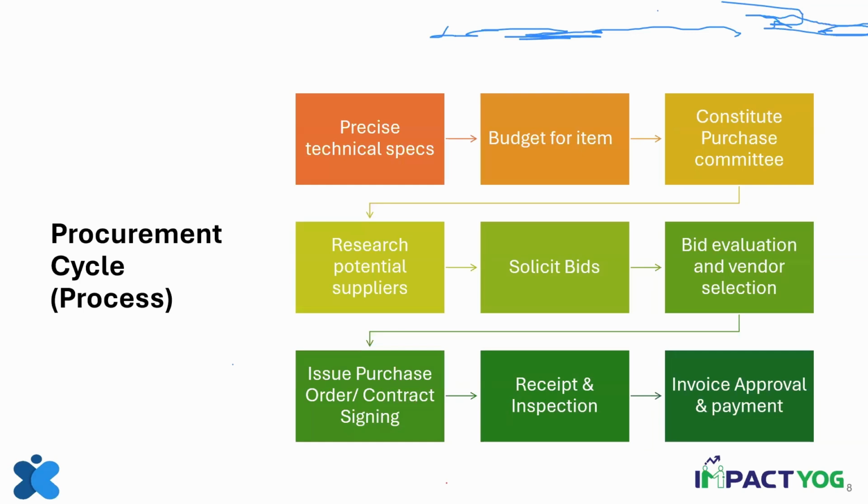Therefore, when we talk of contract management, it includes both PO and contract, because what is a contract? A contract is a binding relationship between two persons. Okay, a marriage is a contract. Similarly, a contract for an organization with a vendor is a binding arrangement: I will do this, you will do this.